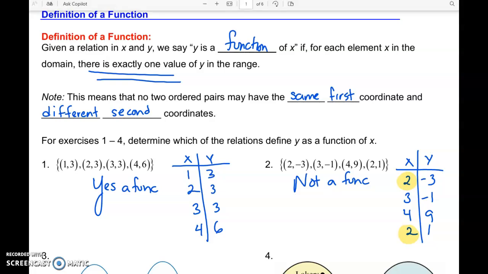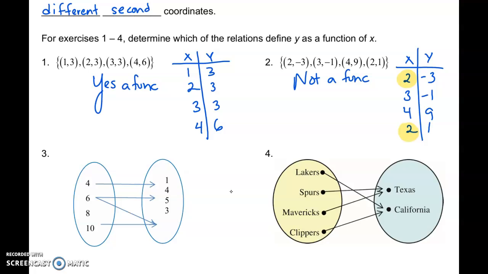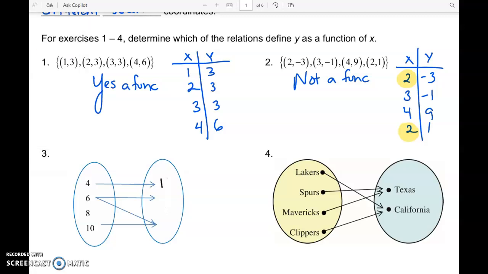Take a look at the third one. It looks like my points are a little bit off. I'm going to erase this and I'll just write them in. Sorry about that. So let's say that we had 1, 4, 5, and 3. So we have 4 pairing with 1.